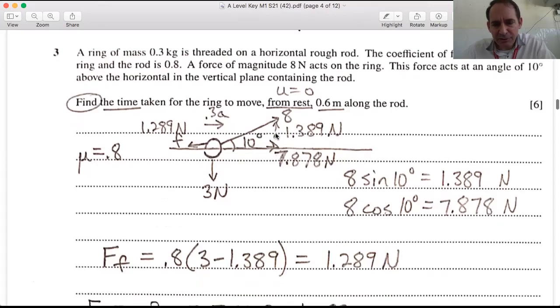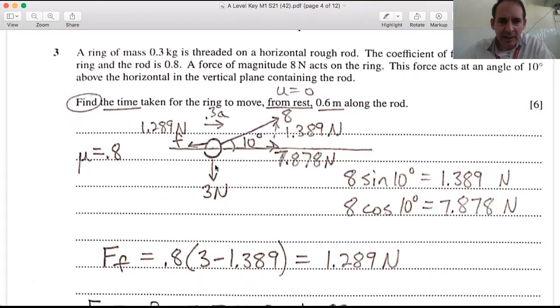We also need to resolve these forces with the rod. So 8 times sine of 10 degrees is 1.389. That's going up. That is important because it goes against the weight of the ring going down, which affects your normal contact force. I didn't draw in the normal contact force.